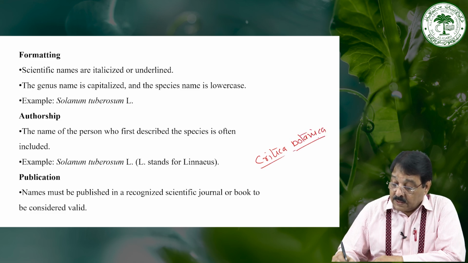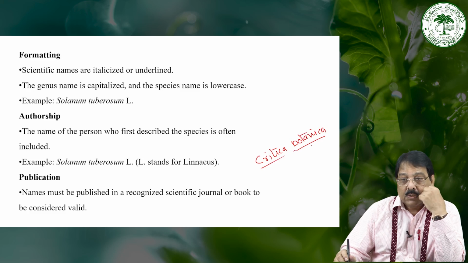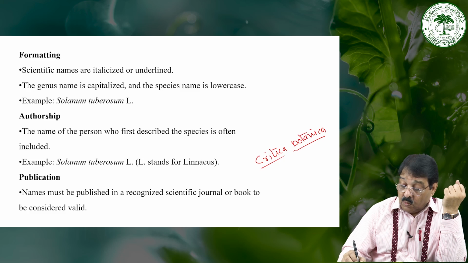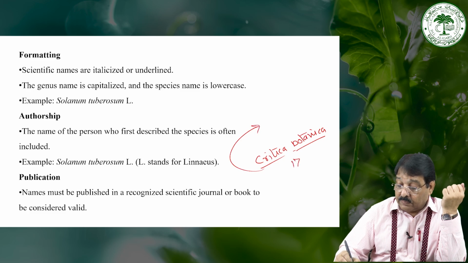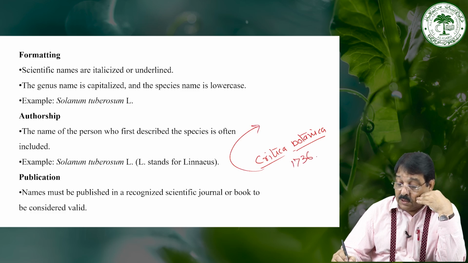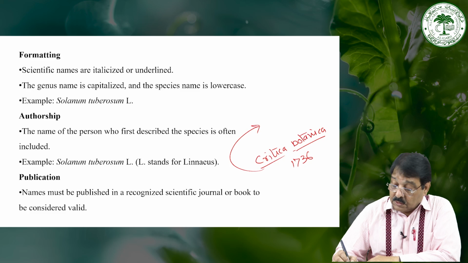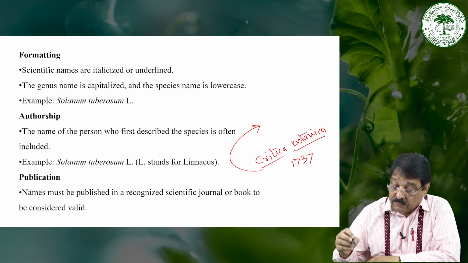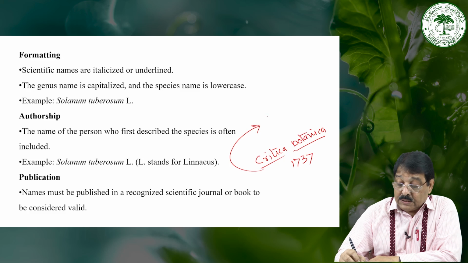In Critica Botanica, he used two words and gave certain rules. This Critica Botanica, published in 1737, was an extension of the Fundamenta Botanica, published in 1736.